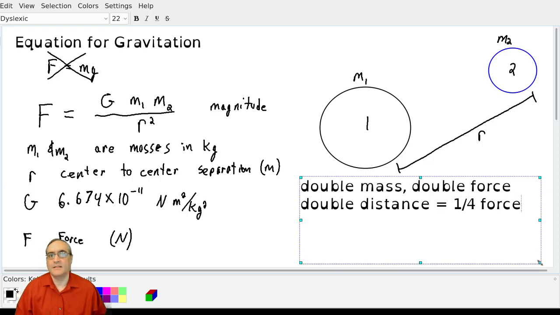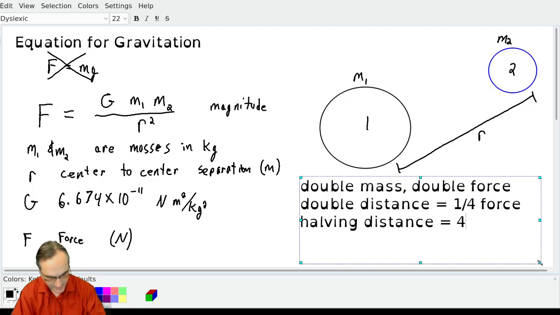Doubling the distance gives you 1/4 of the force, and halving distance gives you 4 times the force. So it turns out gravitation is very sensitive to distance and not as sensitive to the mass. It's just proportional to mass, but it's inversely proportional to the square of the distance.